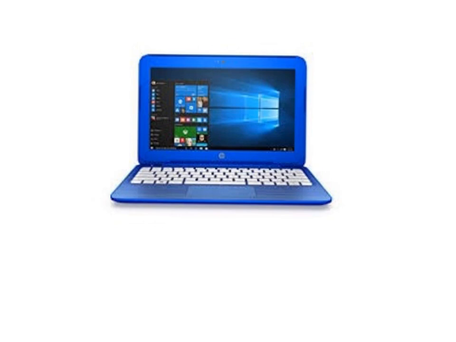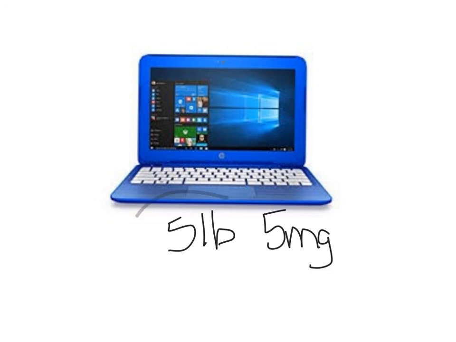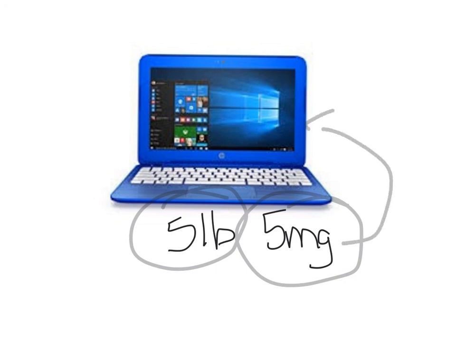Here I have a laptop computer. The question is, what makes more sense for me to say? Is this laptop computer more like 5 pounds or like 5 milligrams? See, we're comparing. This is our customary, this is our metric. Does it make more sense that this would weigh 5 milligrams or that this would weigh 5 pounds?